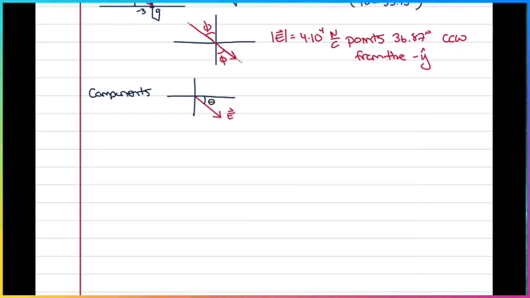And that was theta, as we defined it before. So then if I want to get the components, then again, look for those triangles. Seems like in this case then, the x component points to the right, and then the y component points down. So then I expect the x component to be positive, the y component to be negative.